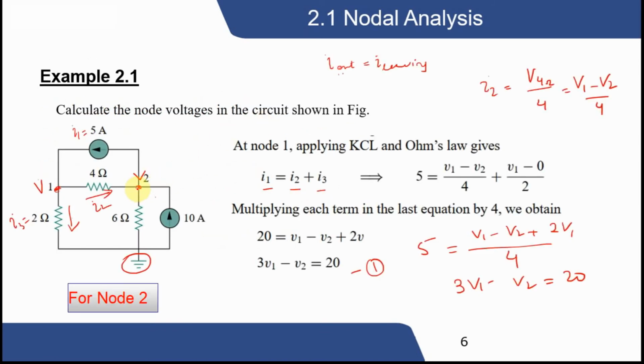For V2, we look at which currents are entering and which are leaving. 10 is entering, on the entering side, and 5 is leaving.